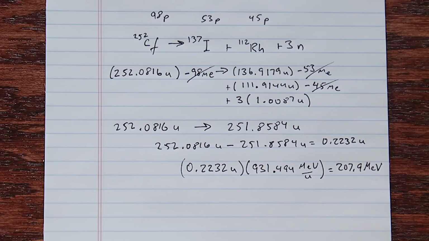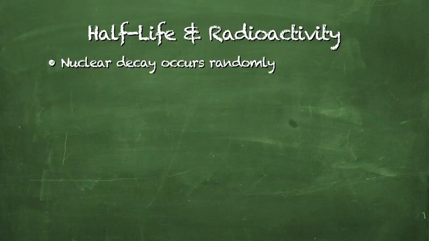Now that we've learned about radioactive decay, let's talk about radioactivity. The important thing to know about radioactivity is that nuclear decay, whether it's alpha decay, beta decay, gamma decay, or spontaneous fission, nuclear decay occurs randomly.